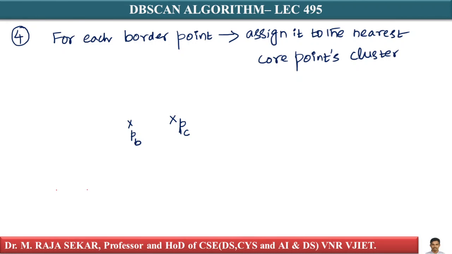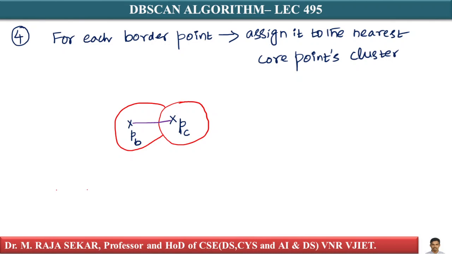Let's assume there is a border point here, PB, and the nearest core point is this PC, isn't it? So you add PB also to this cluster now. That's how we exactly handle border points.